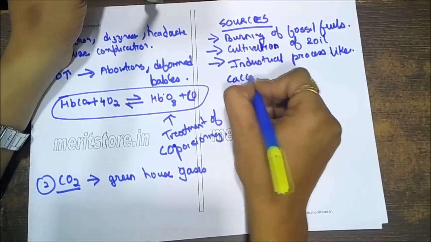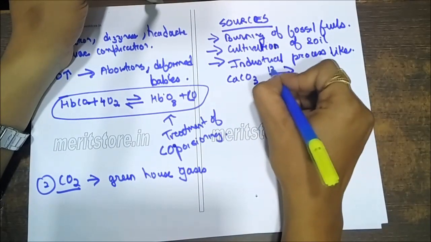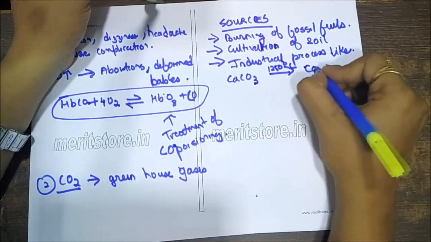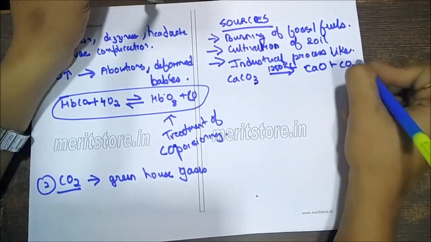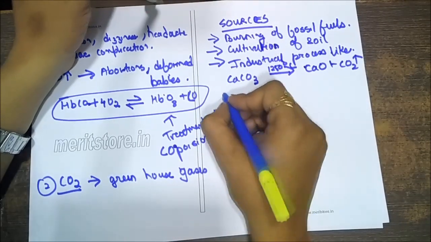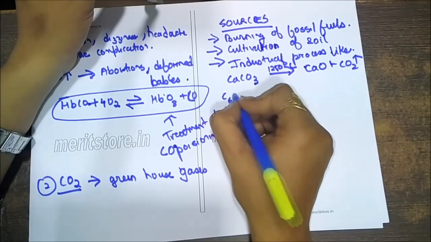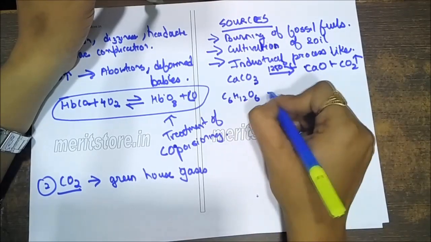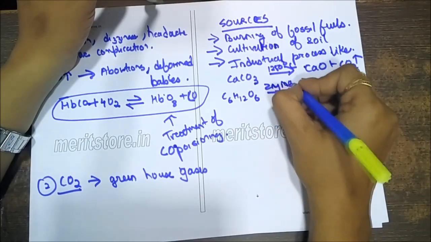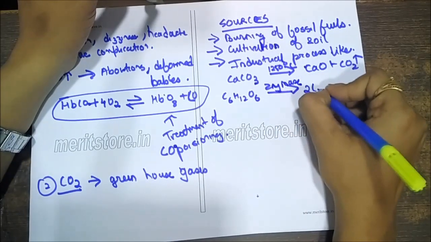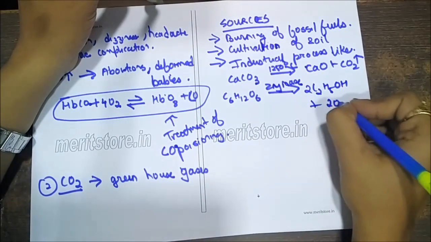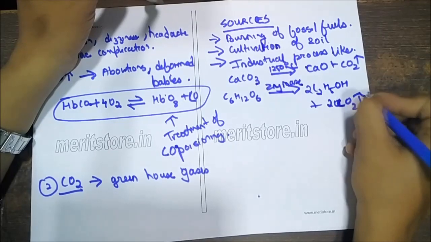See, lime is nothing but calcium carbonate. At 1250 degrees Celsius, it would form calcium oxide and carbon dioxide gas would be released. Similarly, we know ethyl alcohol is formed from glucose. So C6H12O6, glucose, in the presence of yeast, that is zymase, will form ethyl alcohol and carbon dioxide gas will be released.